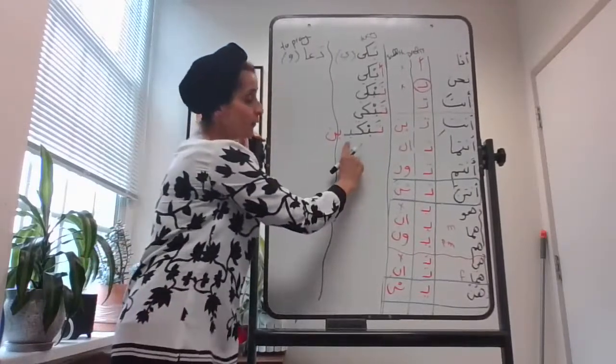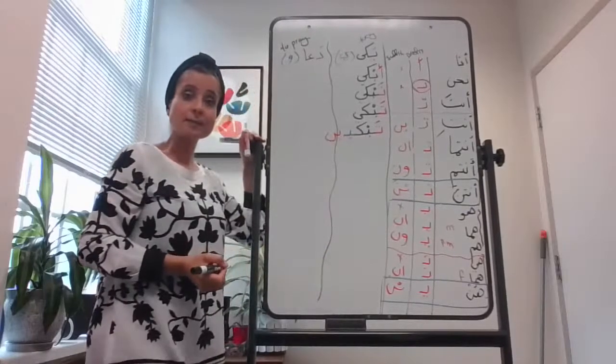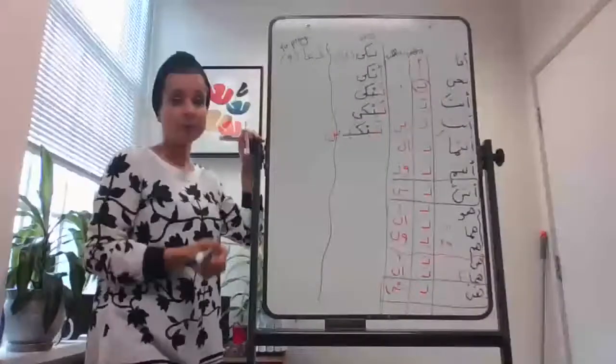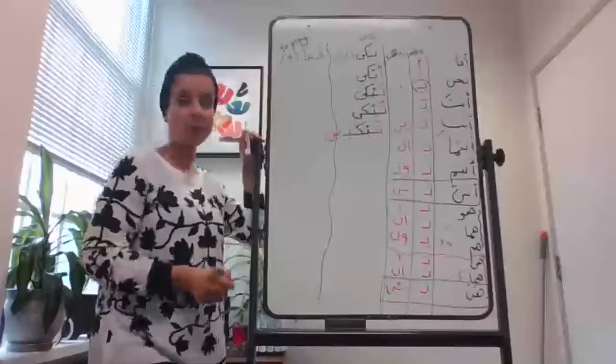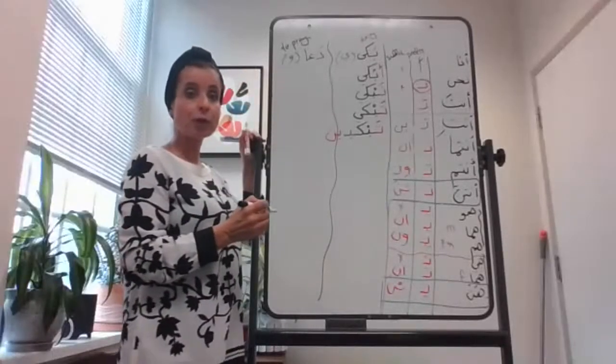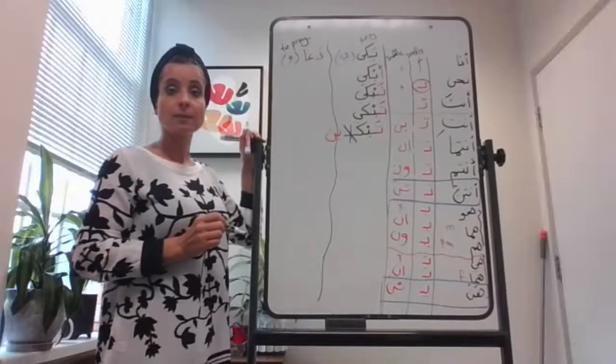So I have the verb ending with ya, and then also the suffix. Do we keep them both? No. You need to get rid of the root vowel and keep the suffix.